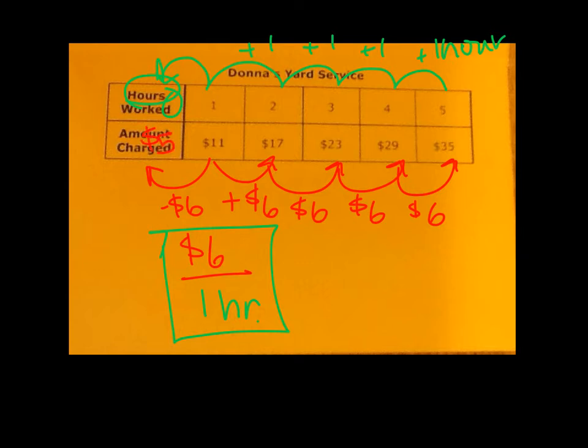So I could even write an equation of y is equal to that $6 per 1 hour times x plus this $5, which is my y-intercept. So I can actually interpret all of this and turn it into an equation. So Donna charges $5 just to show up, and then after that she's charging $6 an hour on top of that.